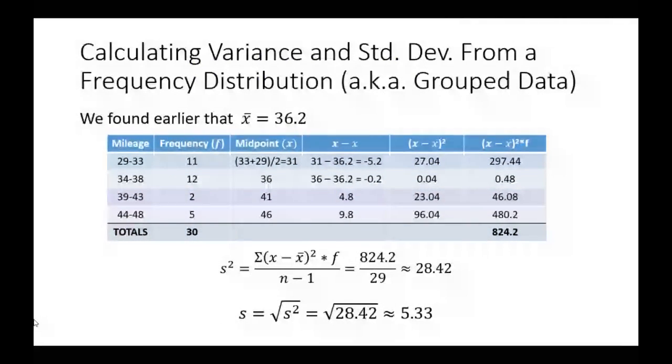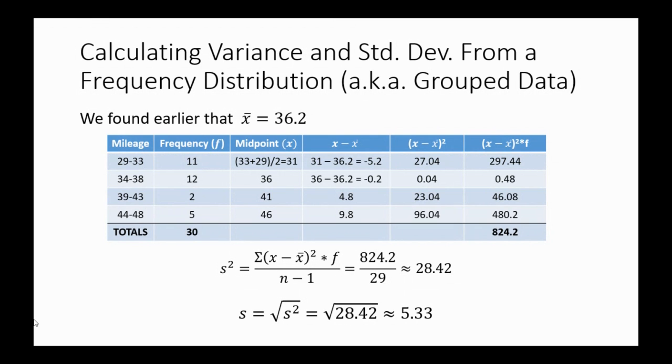And then one last example. It's mainly directed at dual credit for the group data. This is on the back of that little handout I gave y'all, that single slide. I'm using the same data set that we talked about earlier on miles per gallon. If you find variance, your x will be your midpoint.